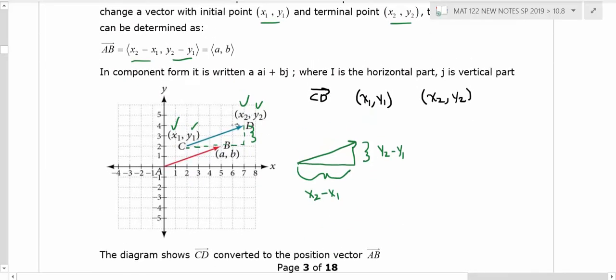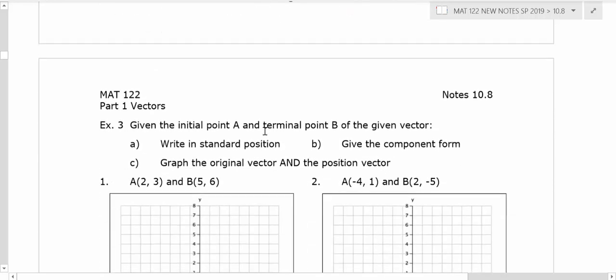This shows you how you would convert a non-standard position vector to a position vector, which just means it starts at the point 0, 0. And if you look at that diagram, the magnitude didn't change. You're still going over and up the same amount. So those vectors are the same.